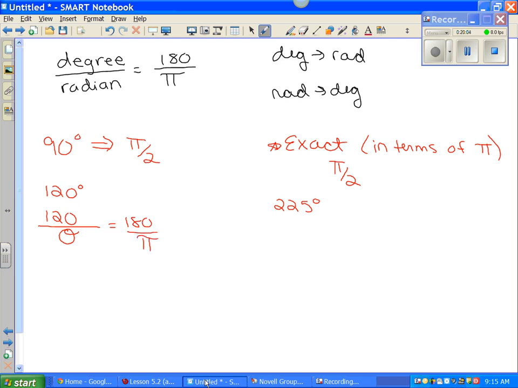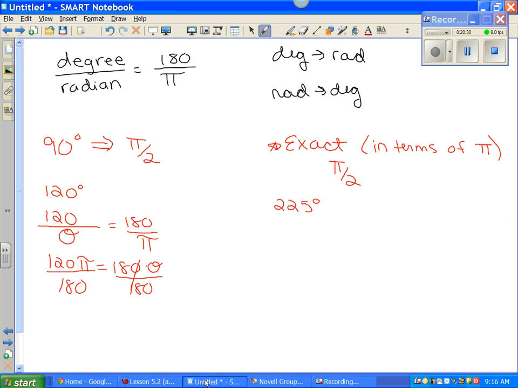Okay. How do I solve proportions? Good. 120 pi equals 180 theta. How? Good. Divide both sides by 180. Do I like decimals? No, I like fractions, right?